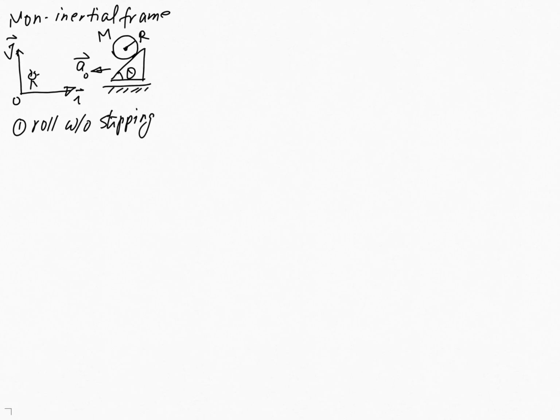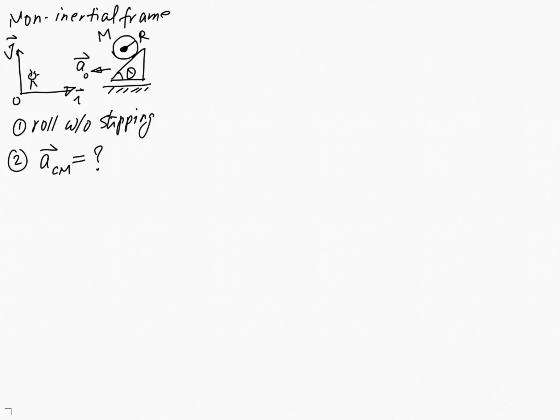Then our question is, to the observer inside the stationary or inertial frame, if I only look at the center of mass of that cylinder, what is the acceleration of that center of mass? That's the question.